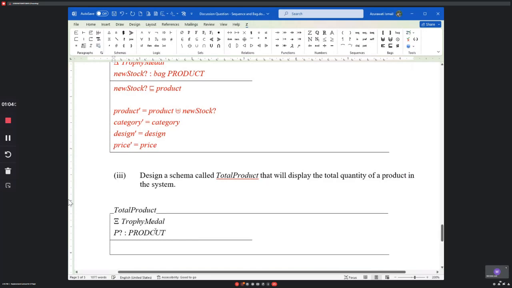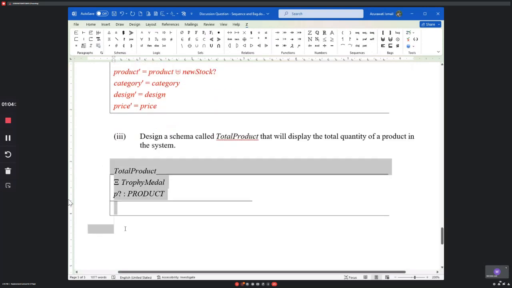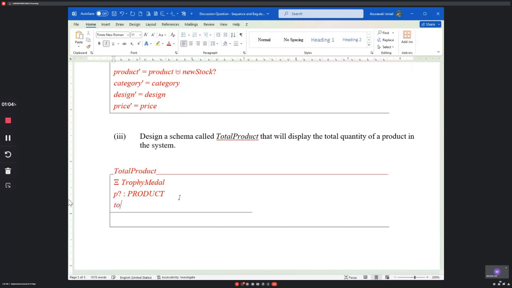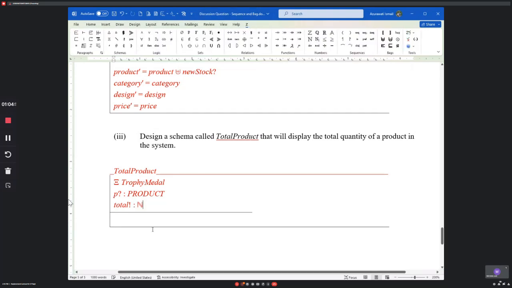I cannot produce the quantity if I don't know which product I want the quantity of. And then of course, how many quantity? So the total is of type n. It can be 0, can be 1, and so on.